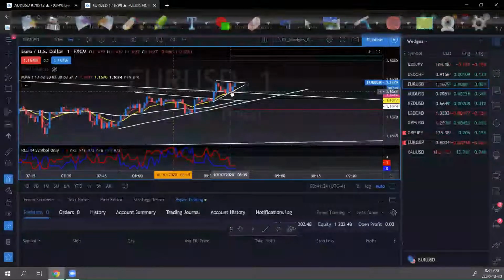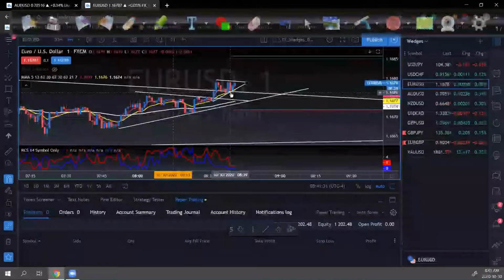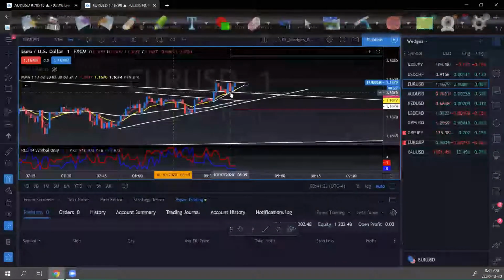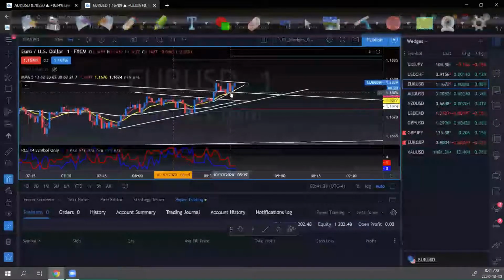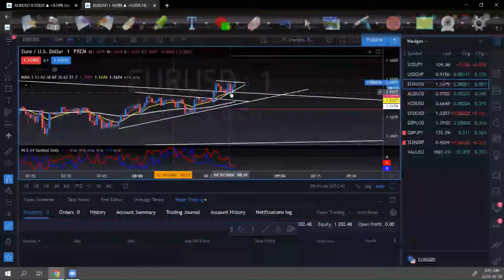It looks like the Aussie is just about on the move here. It seems to have broken out of the top of the wedge on the 15. Let's see. Oh, it's so close to breaking out.